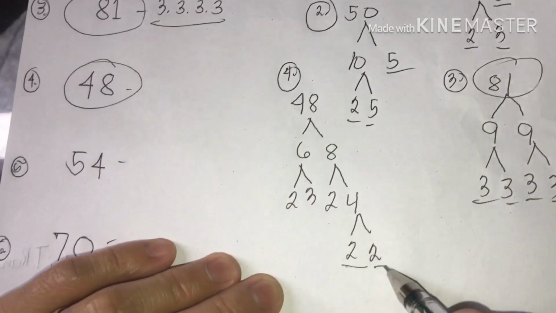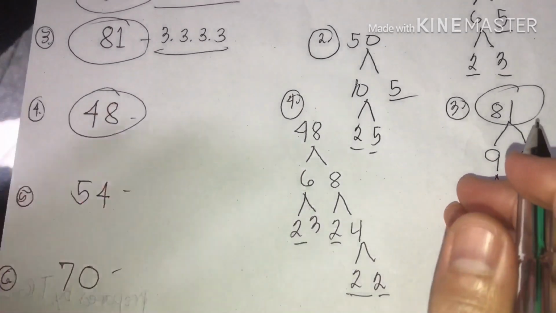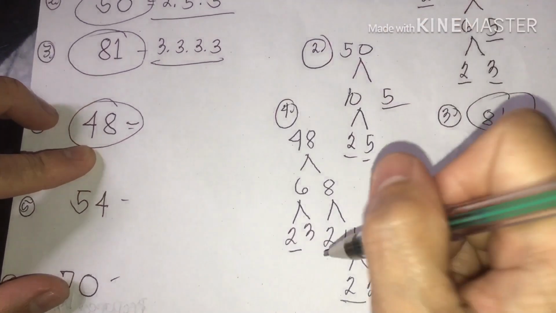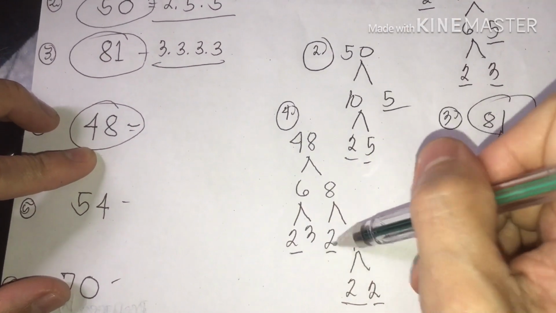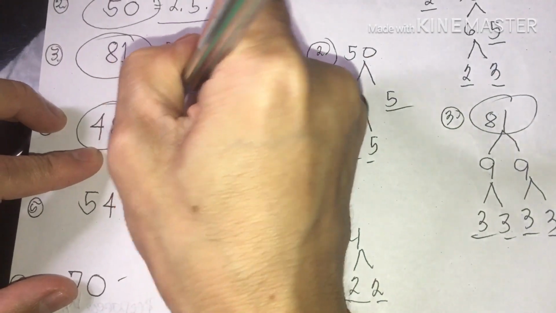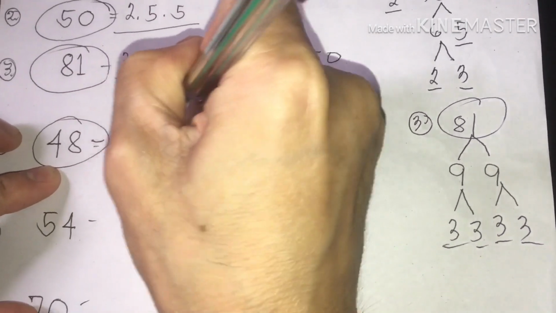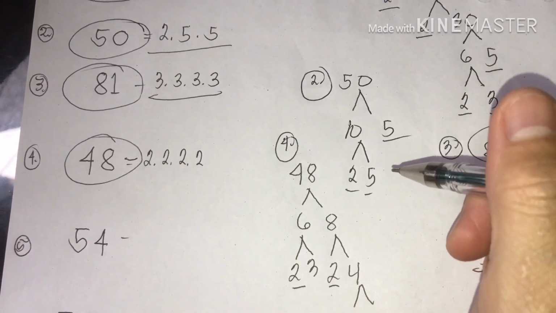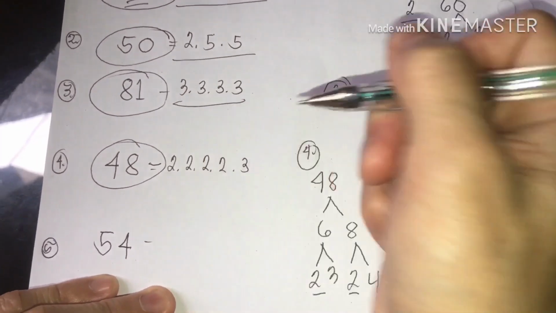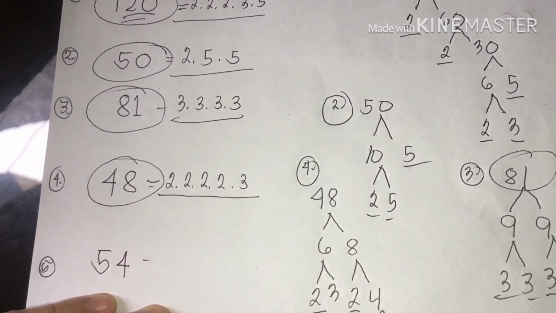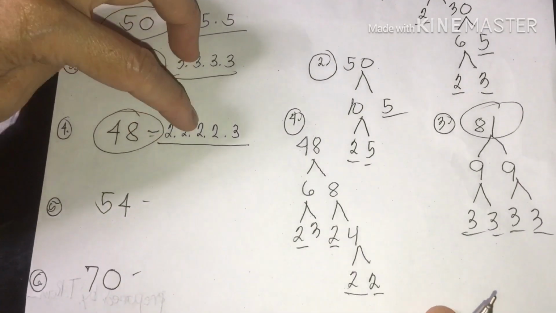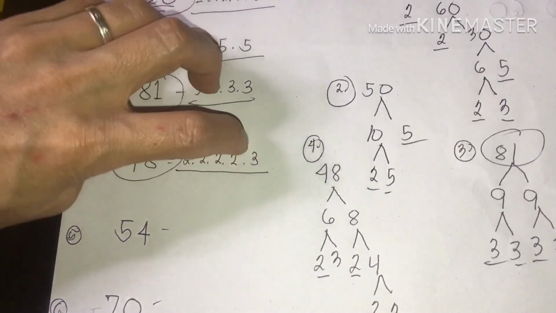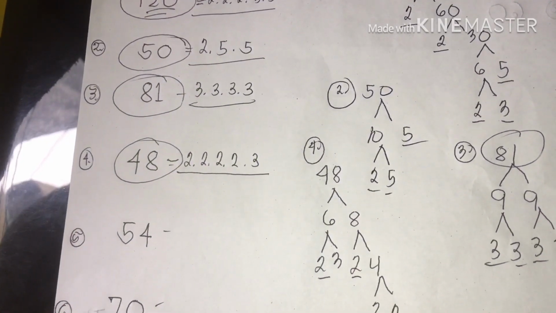Now we're going to underline first the factors that we're going to write here for 48. We're going to count how many 2's: 1, 2, 3, 4. Next, 3. Okay, 48: 2 times 2 is 4, times 2 is 8, times 2 is 16, times 3 is 48.